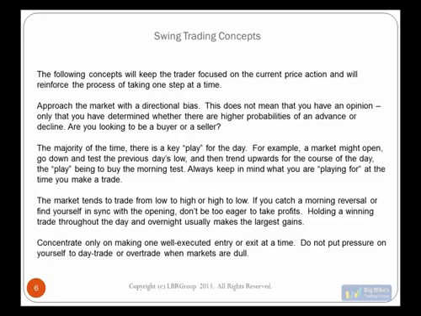Just a few notes about the swing trading concepts. And by swing trading, I'm simply talking about one leg at a time. So you could have a swing trade on a 5-minute chart and it could last 30 minutes. And you could have a swing trade on a weekly chart that could last 5 weeks. So it's a little bit confusing semantically, and it's really the concept of just taking one leg at a time.